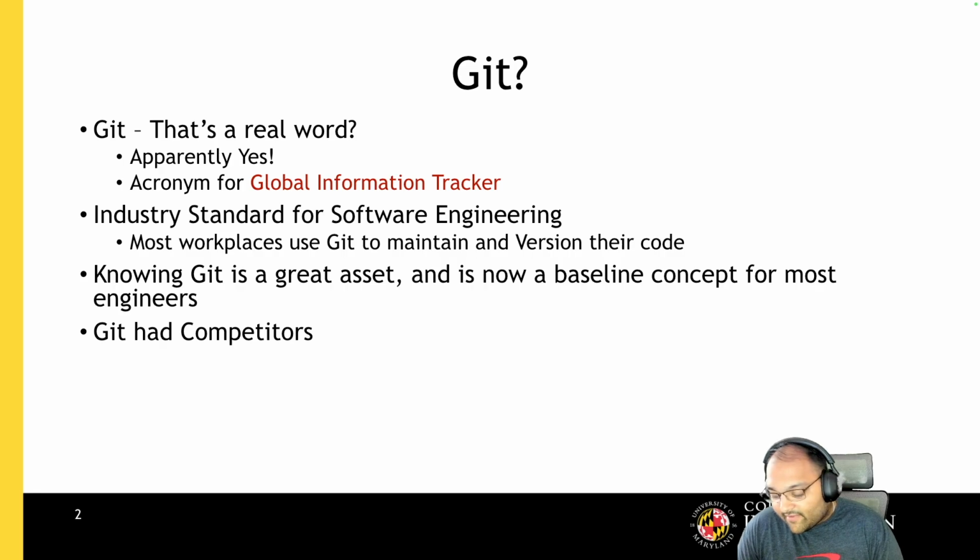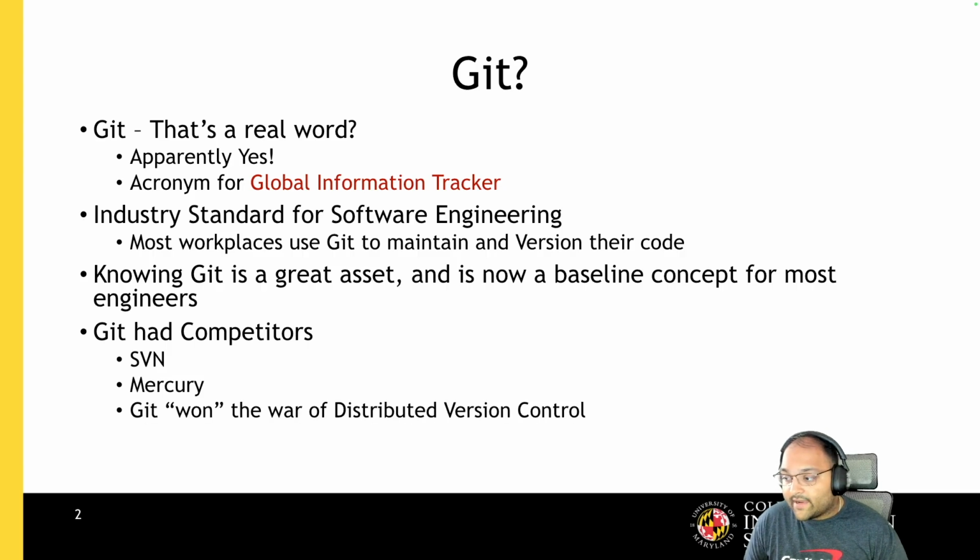What's interesting is Git actually had many competitors. Git is an underlying technology which allows you to version the code and everything, but it had many competitors, like SVN and Mercurial, but Git effectively won the war of distributed version control.